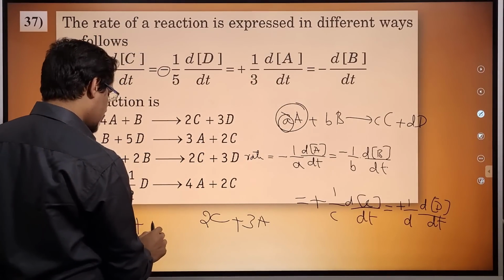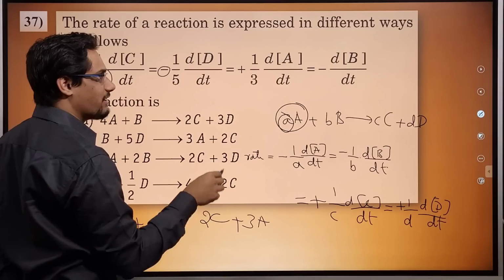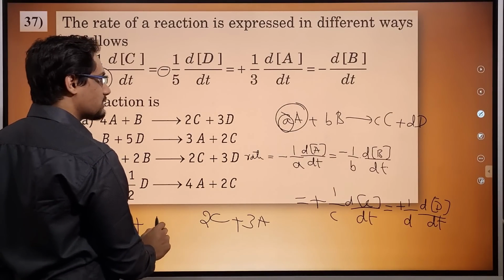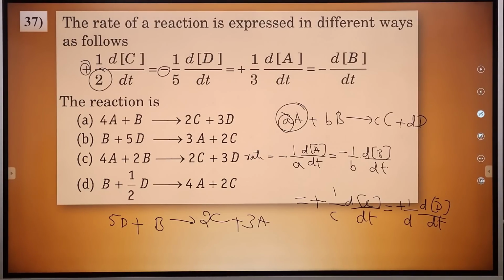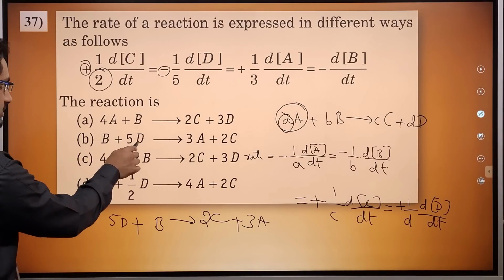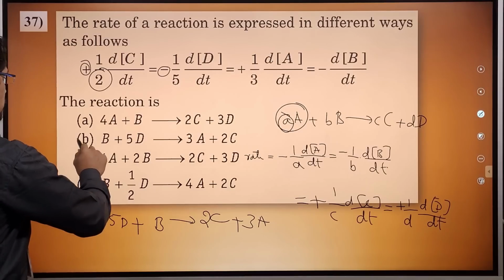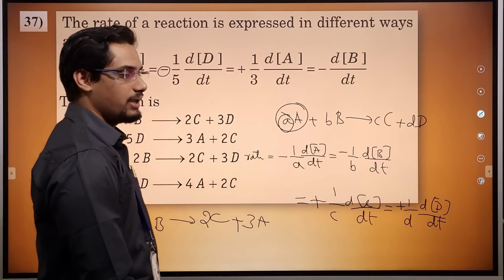Minus dB. Here there is no 1 by 1, it must be 1. So that's why plus B. So the answer would be 5D plus B gives rise to 2C plus 3A. The option would be B plus 5D gives 3A plus 2C. Option B is the correct one.